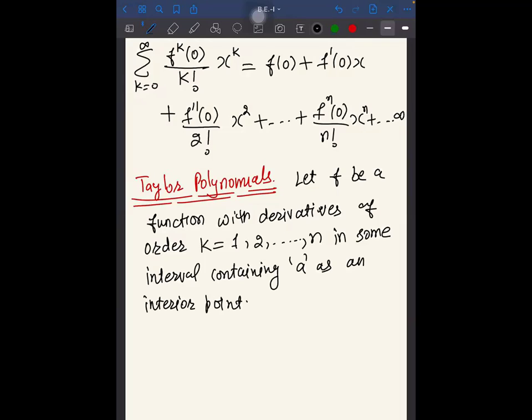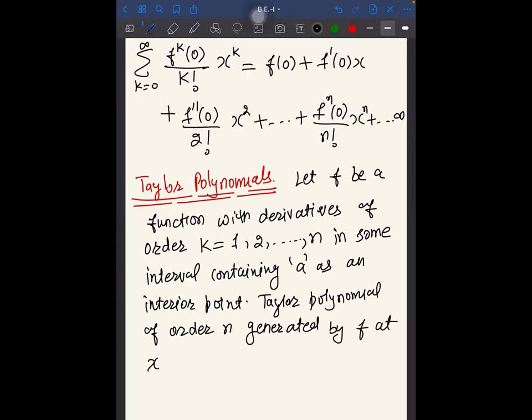Then the Taylor polynomial of order n generated by f at x is equal to a is a polynomial.